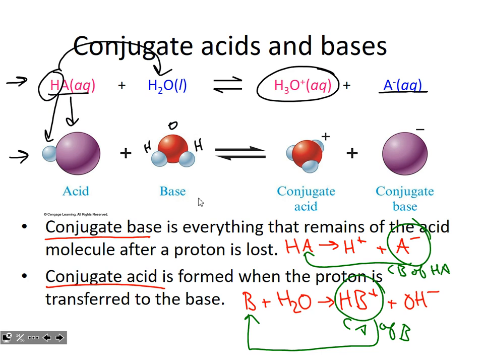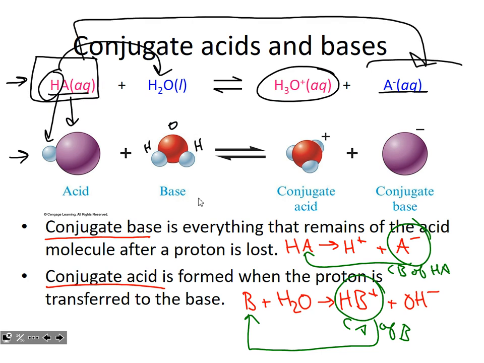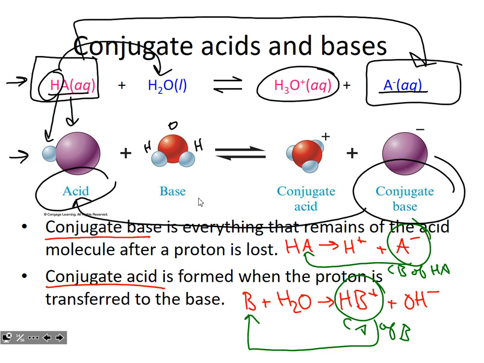So this entire reaction actually contains two conjugate acid, conjugate base pairs. The HA turned into A minus. So A minus is the conjugate base of the acid HA. Together, we say that they're a conjugate acid-base pair.